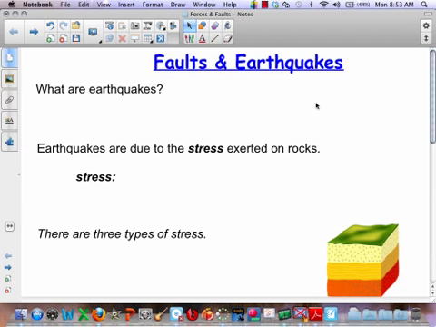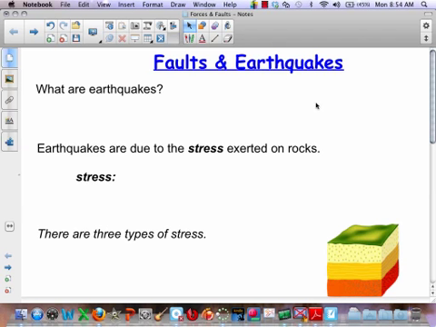What happens is the rocks will move and they'll bend with that pressure. But eventually, what happens? It snaps. There's so much pressure and force pushing those two blocks of land that eventually it gives way. And when it gives way, just as you guys saw there, it juts.